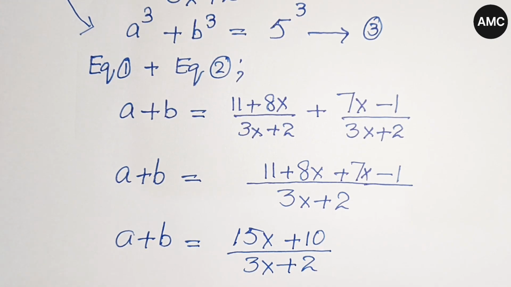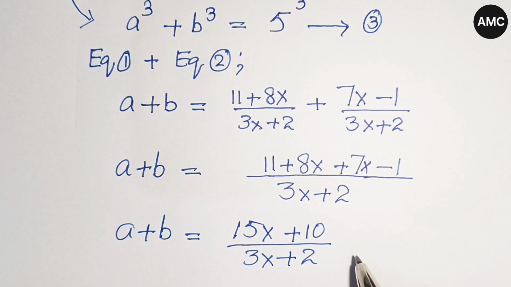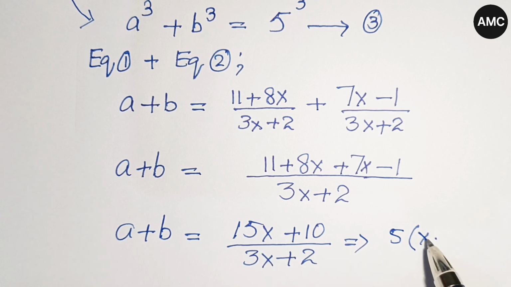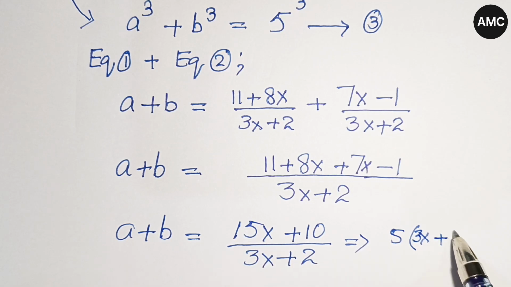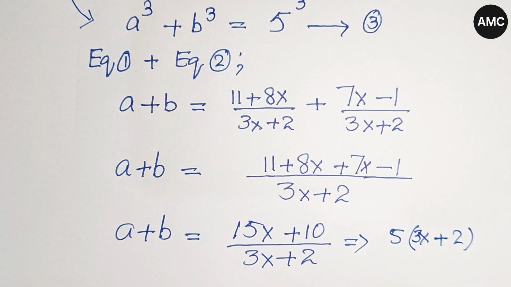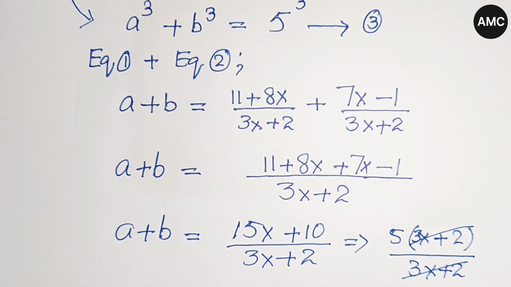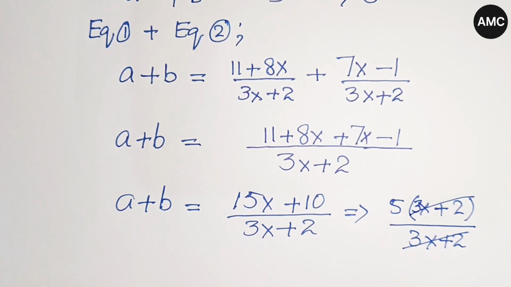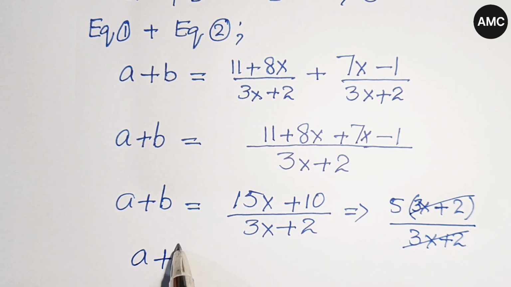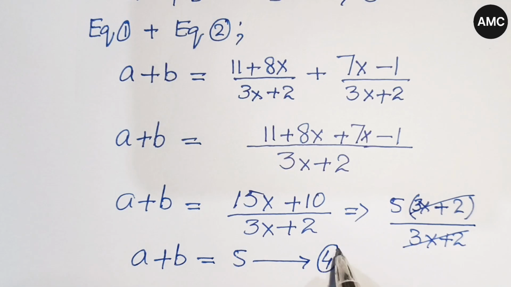Now taking 5 common, we get 3x plus 2 all over 3x + 2. This 3x + 2 can be cancelled out, and we get a plus b is equal to 5. Let's say it is our equation number 4.